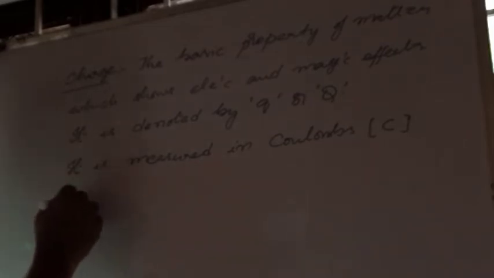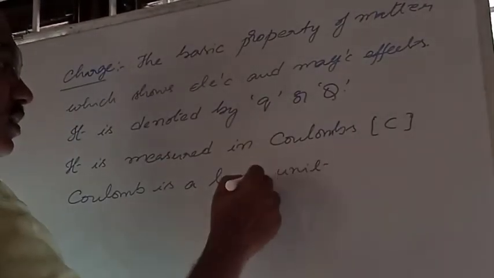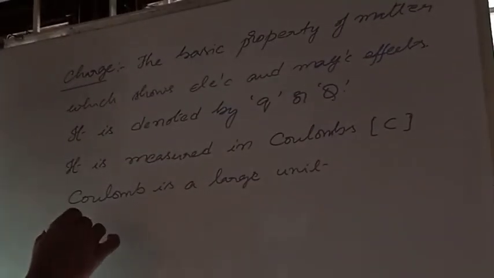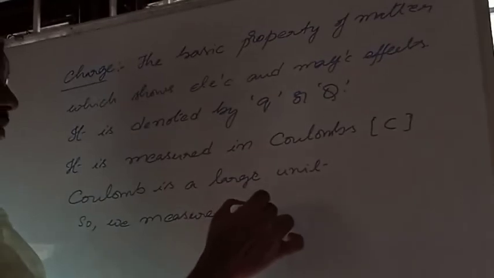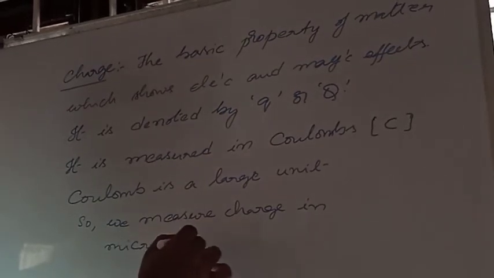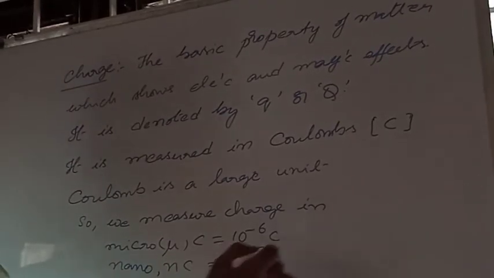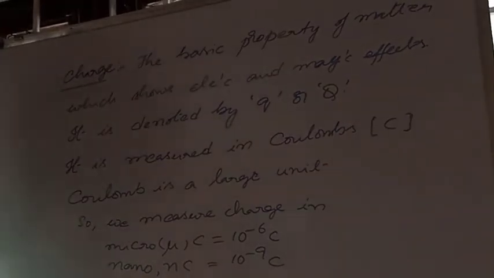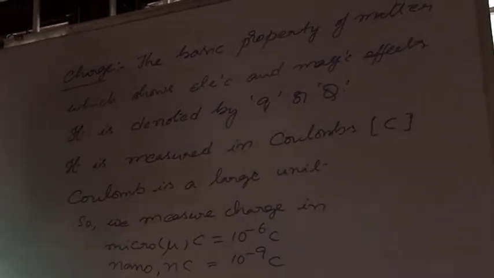Generally, coulomb is a large unit, so we measure charges in microcoulombs, that is 10 power minus 6 coulombs, and nanocoulombs, that is 10 power minus 9 coulombs.